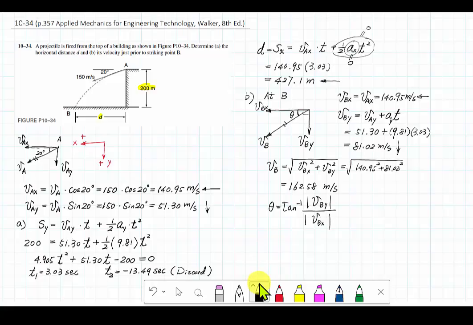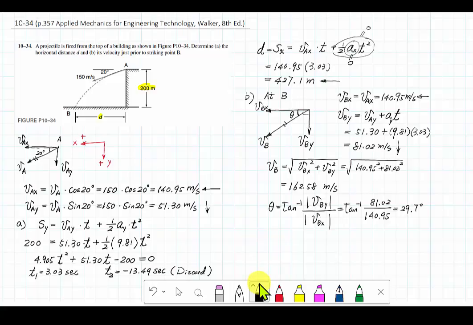So that is tan inverse of VBY, 81.02, over VBX, 140.95, and you get 29.7 degrees as the angle.